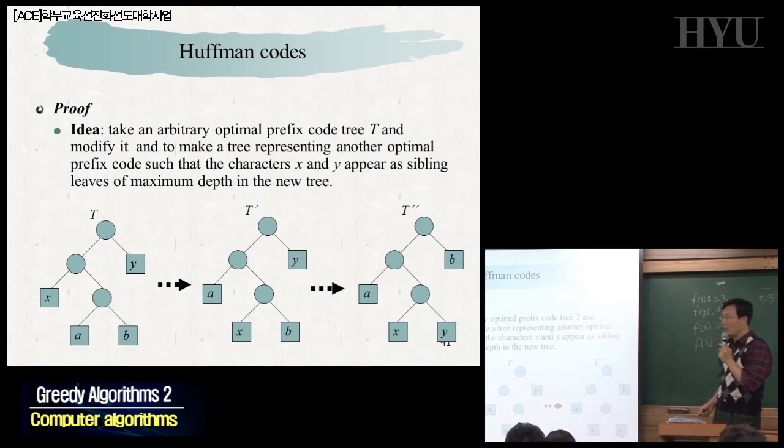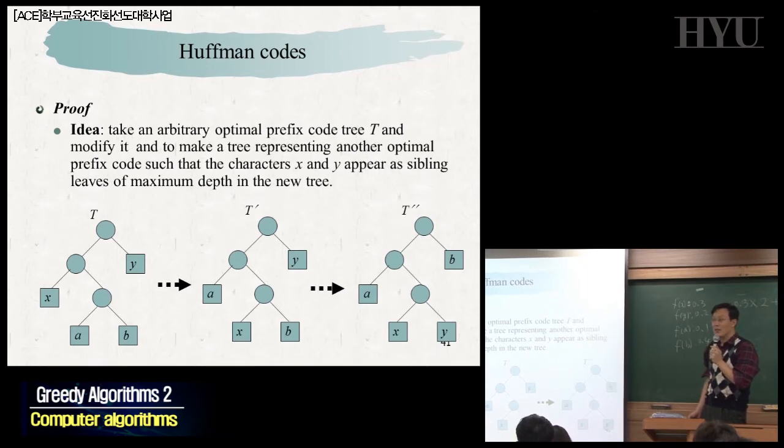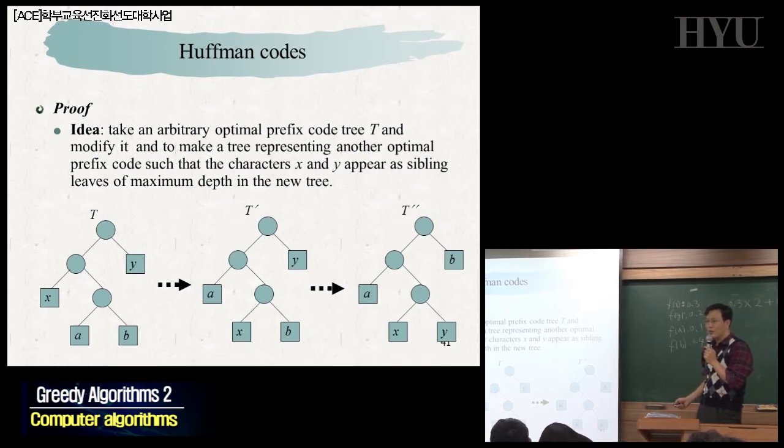Exchanging y and b decreases, or at least keeps the same, the cost of T prime. So this is also an optimal prefix tree. So there exists an optimal prefix tree where the two least frequent characters are siblings. Okay? Okay.